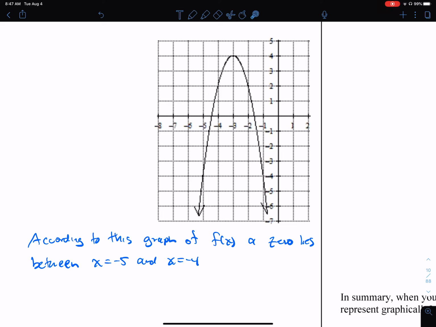Now, how do I know that? It didn't ask me to say how, but I know that because I can see clearly, just with my eyes, it's crossing between those numbers. It's also crossing here. And another 0 is between x equals -2 and x equals -1.